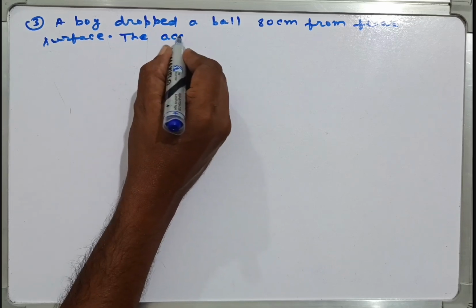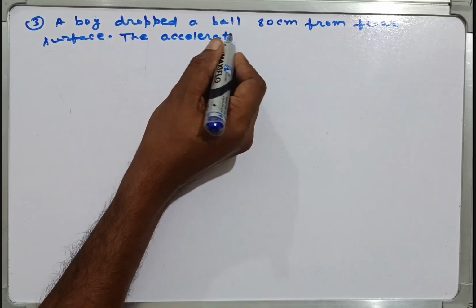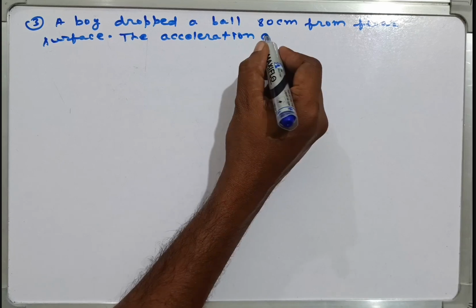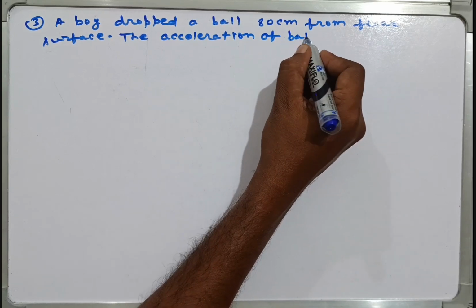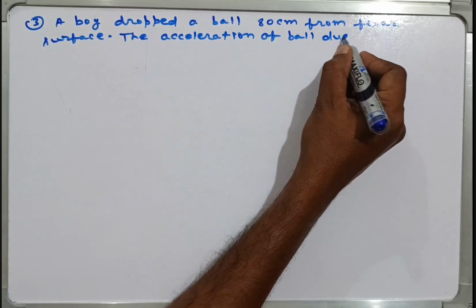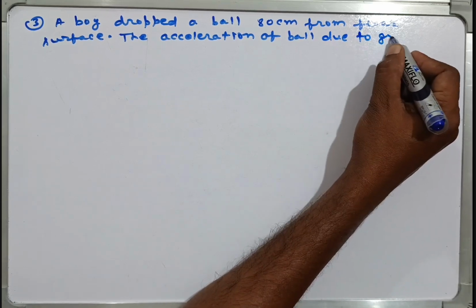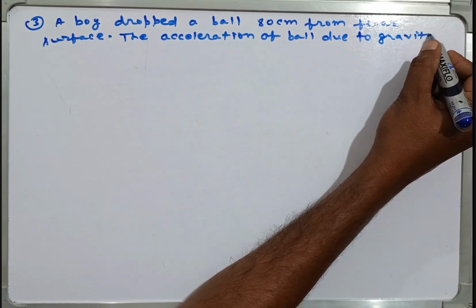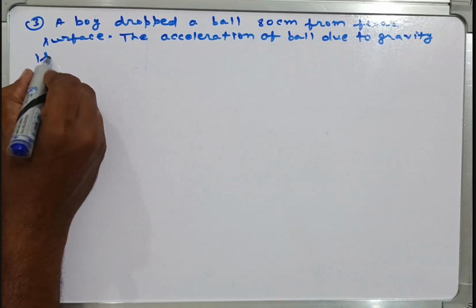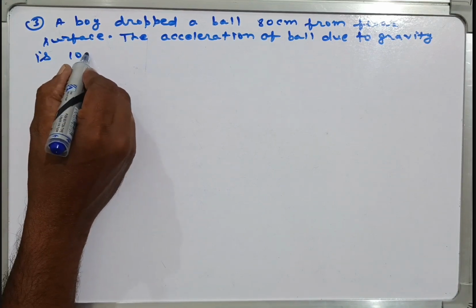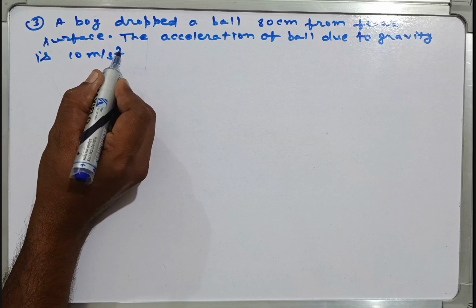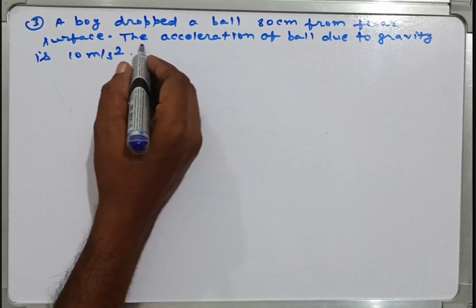The acceleration of the ball due to gravity is 10 meter per second square.